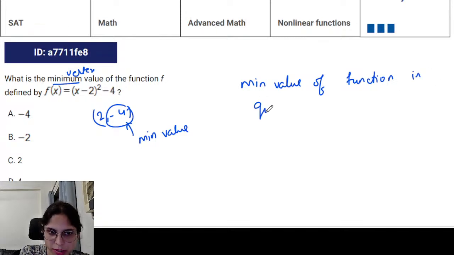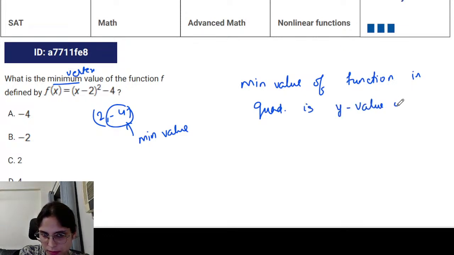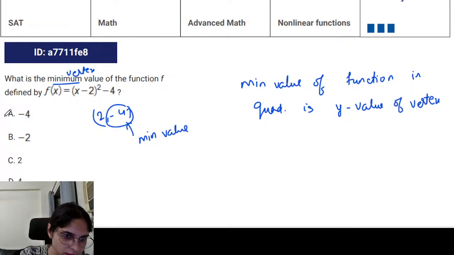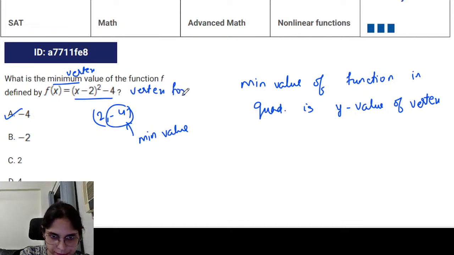Minimum or maximum, in this case it's minimum, it could have been maximum, it remains the same. The answer is negative 4 because this is directly vertex form. You can directly write your vertex (2, -4), negative 4 is your answer.